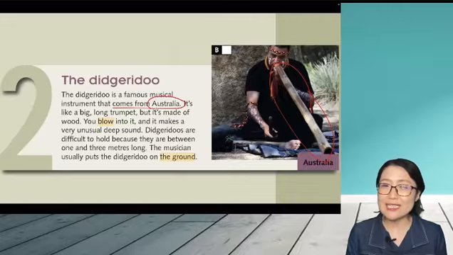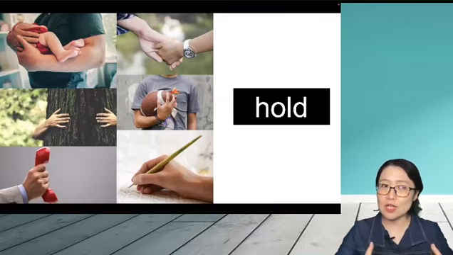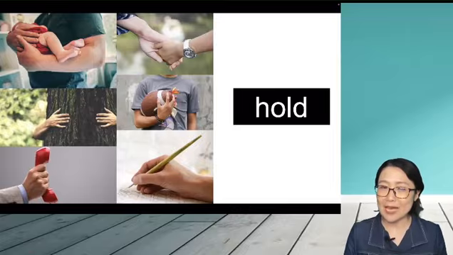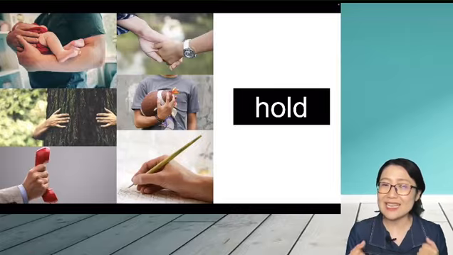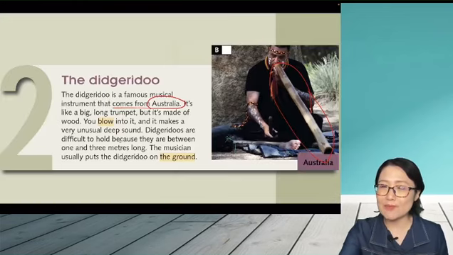Didgeridoos are difficult to hold because they are between 1 and 3 meters long. Didgeridoos are difficult to hold. Do you know what is hold? You see, like this is hold, 就是很难去抱住它，对不对？或者是抓住它，叫做 hold something, okay? So you see, this is hold. It is very difficult to hold. Why?